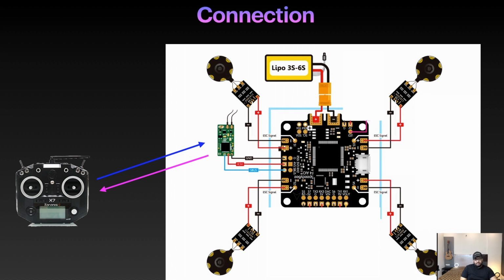All these values will be passed to the receiver, and the receiver will pass them to the flight controller. So the flight controller knows what the user wants. It knows that the drone operator wants, let's say, a roll of 3 degrees to the right, or a yaw of 7 degrees to the left. These kinds of things the receiver will pass to the flight controller.